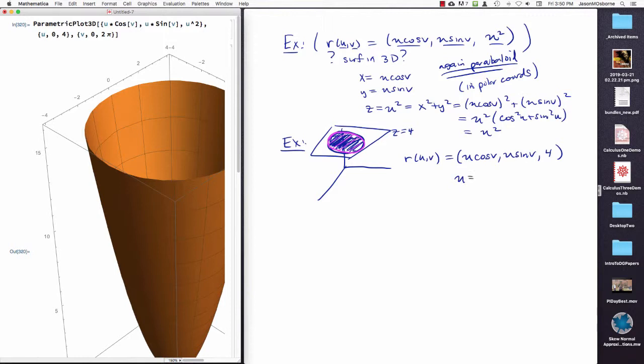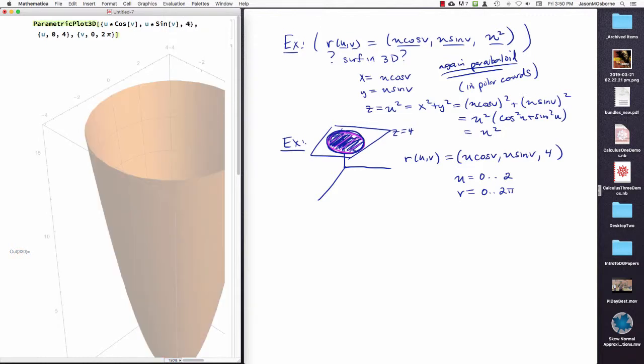And u goes from 0 out to whatever the outer radius was, I think it was 2. And v, which is the angle, goes from 0 to 2 pi. Okay? So if you take a look here, the z value doesn't change, it's always equal to 4. And the radius variable goes from 0 to 2.